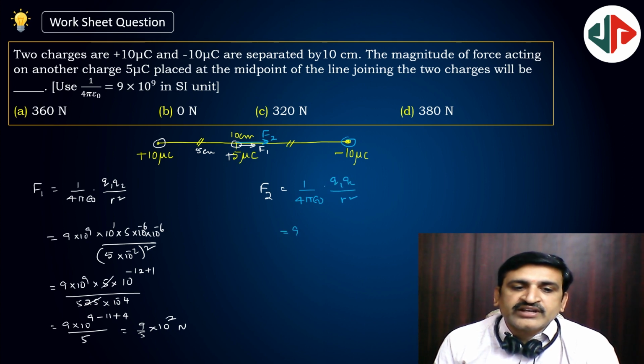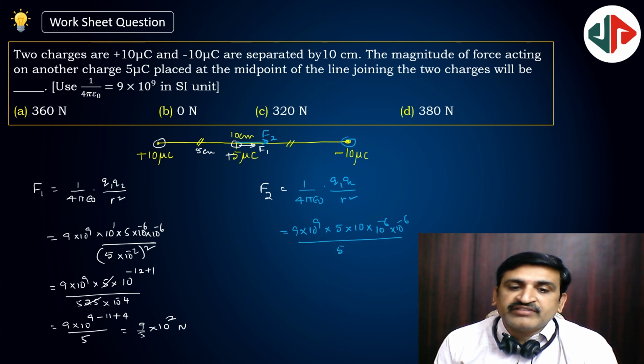After substitution, 9 into 10 to the power of 9 into Q1 is 5 microcoulomb, Q2 is 10 microcoulomb, into 10 power minus 6 into 10 power minus 6, by 5 into 10 to the power of minus 2 whole square. Same expression, so this is also 9 by 5 into 10 to the power of 2.